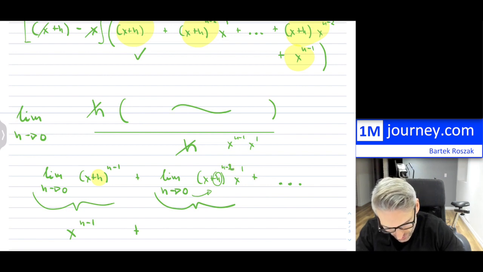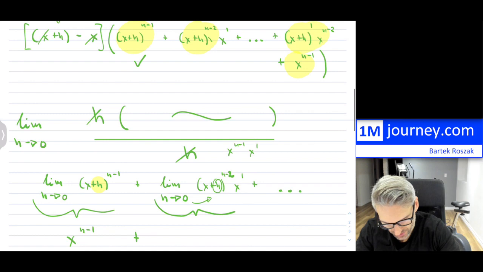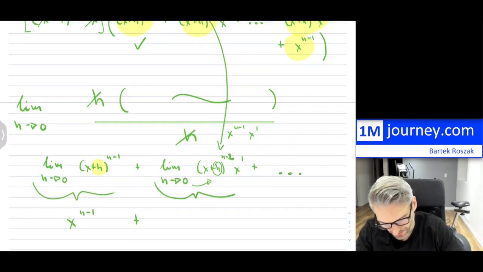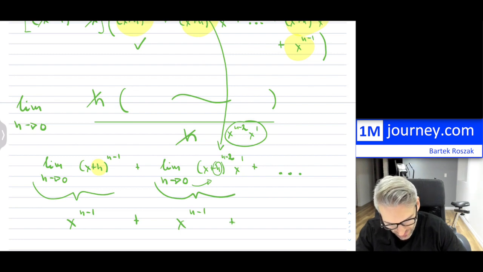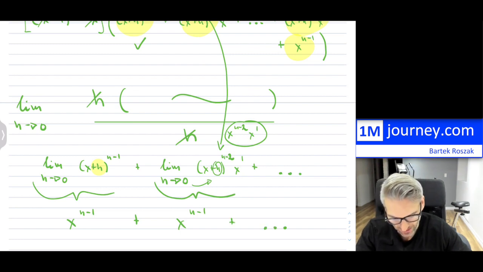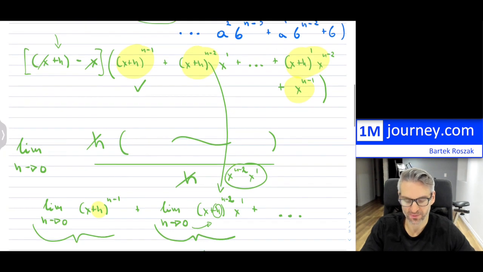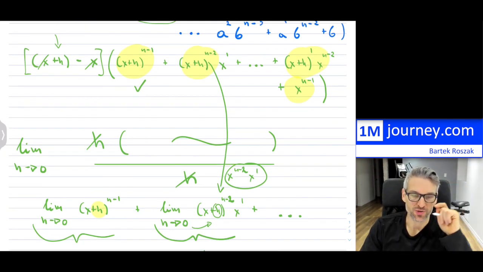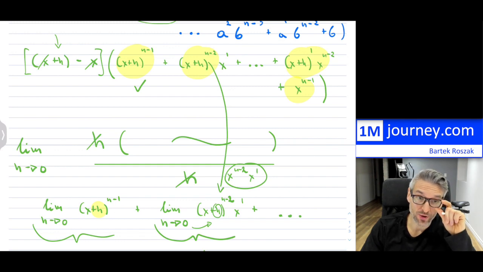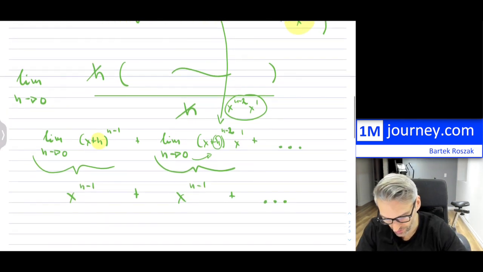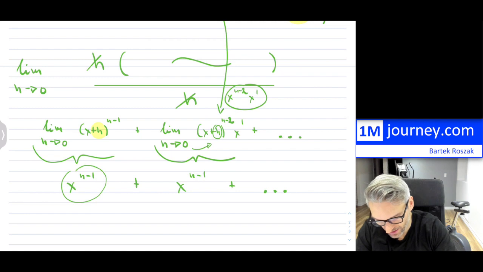I apologize, this should have been a 2. I just didn't copy this correctly. So this whole thing is, again, nothing else but x^(n-1) plus the same thing happening as you bring the limit inside of all of those. The h's will just be going to 0, and then you'll just have a bunch of terms that are x^(n-1).